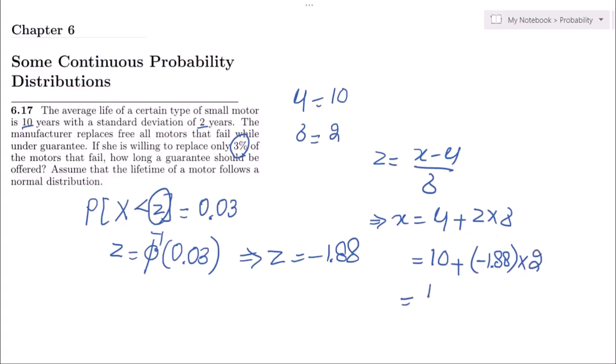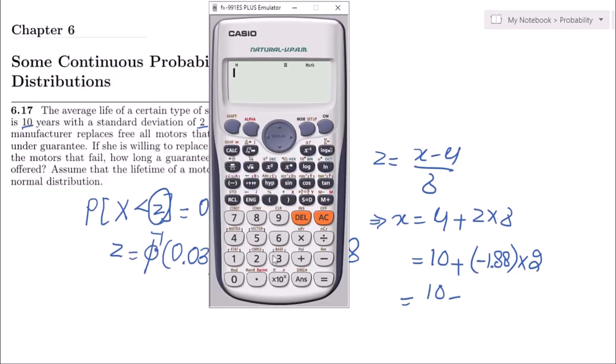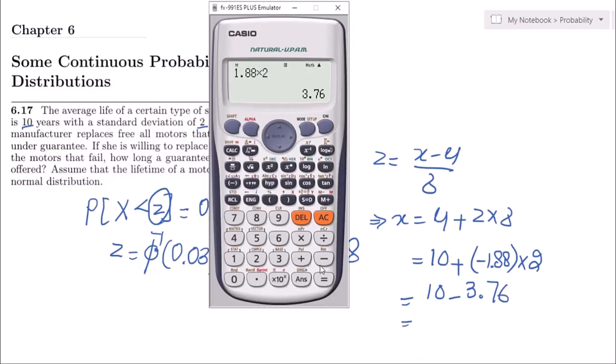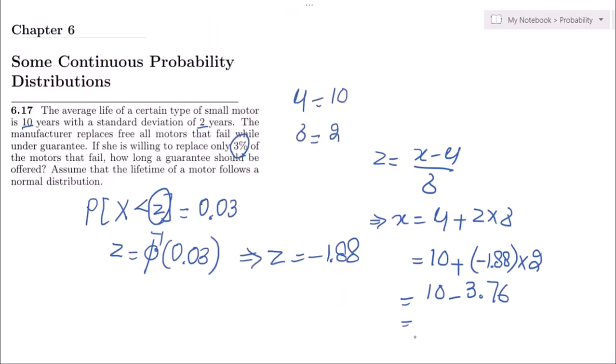So it would be 10 minus 1.88 multiplied by 2. 1.88 multiplied by 2 is 3.76. Subtracting it from 10, we will get 6.24. So the answer is 6.24, and that is basically the solution of question 6.17.